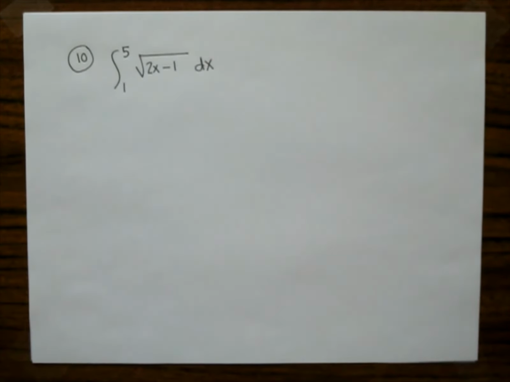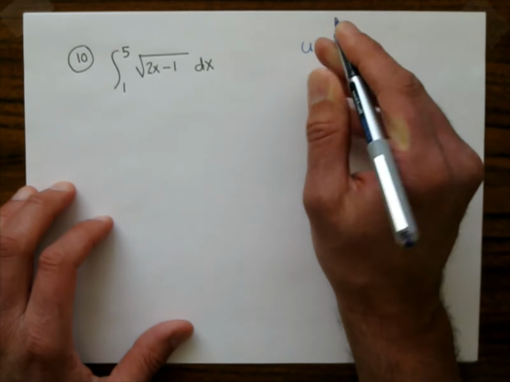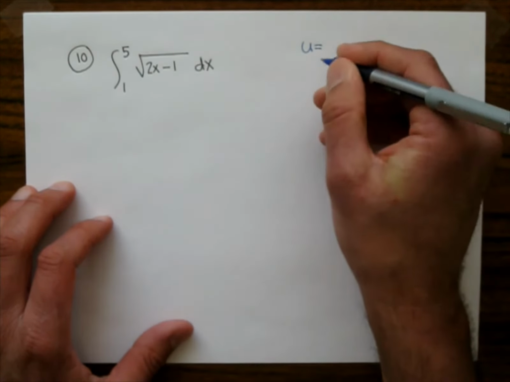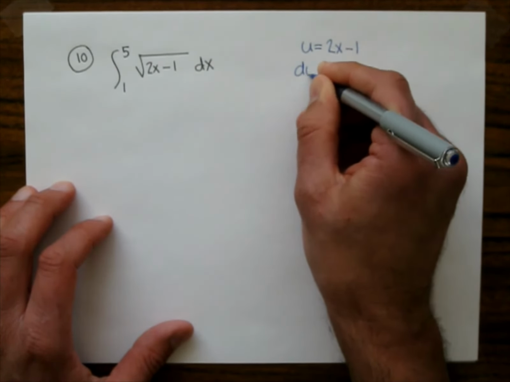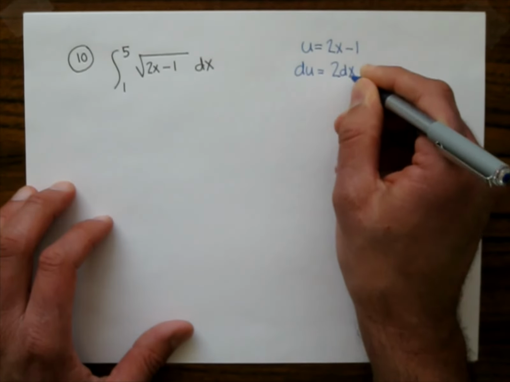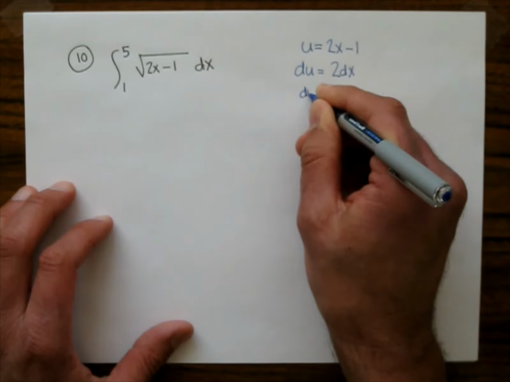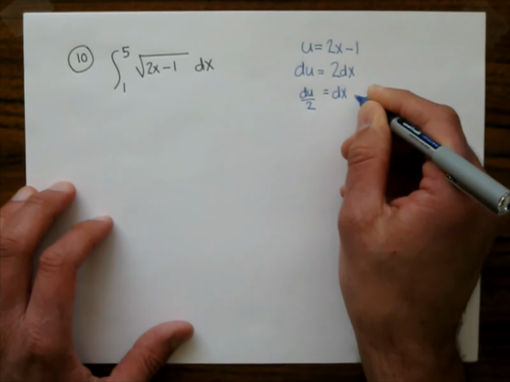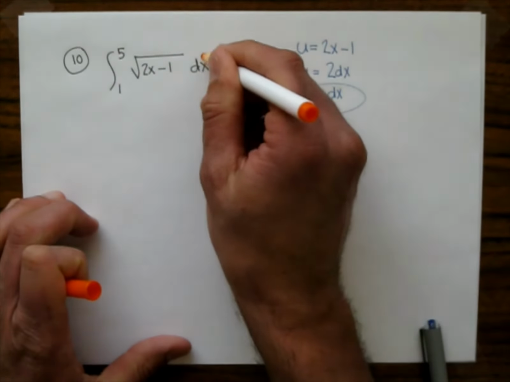Let's go ahead and select our u. u is, we'll probably just select 2x minus 1. So du is going to equal 2 dx, and dx is going to equal du over 2.